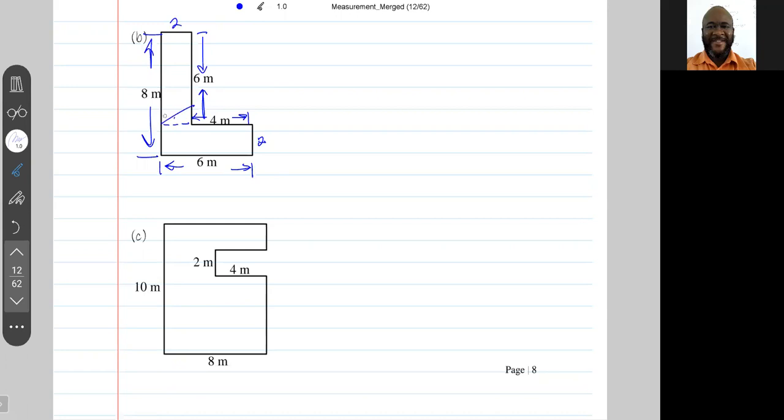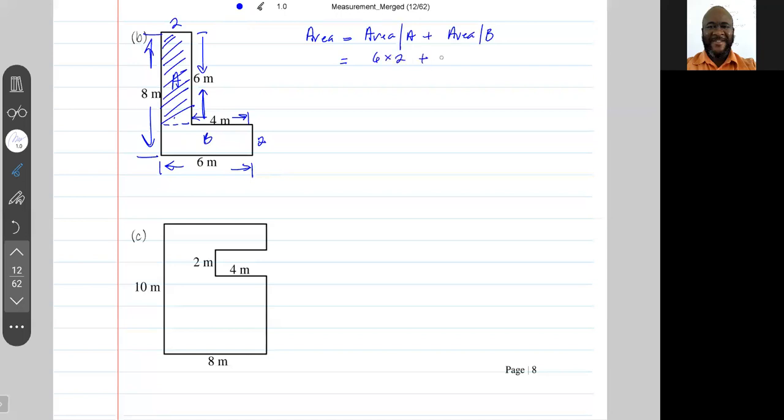So for this rectangle here, the length is 6 and the width is 2. Let's call it A. And let's call this B. So the total area would be the area of A plus the area of B. All right, so the area of A would be 6 by 2.